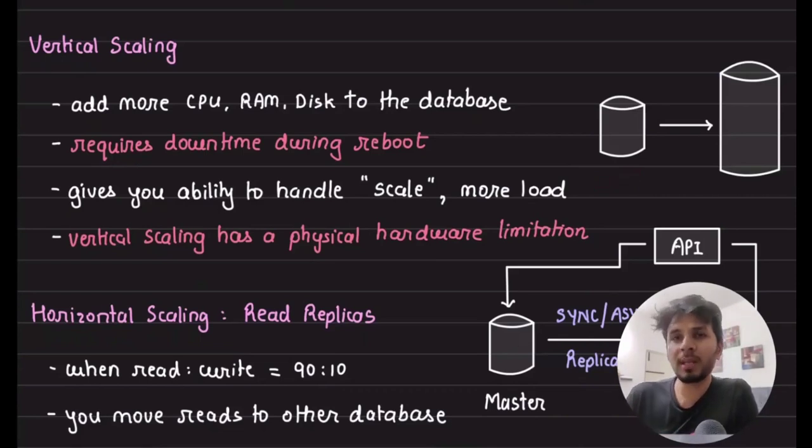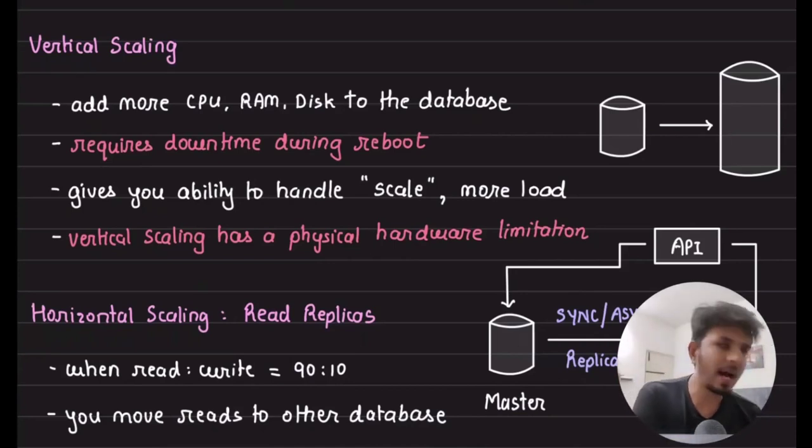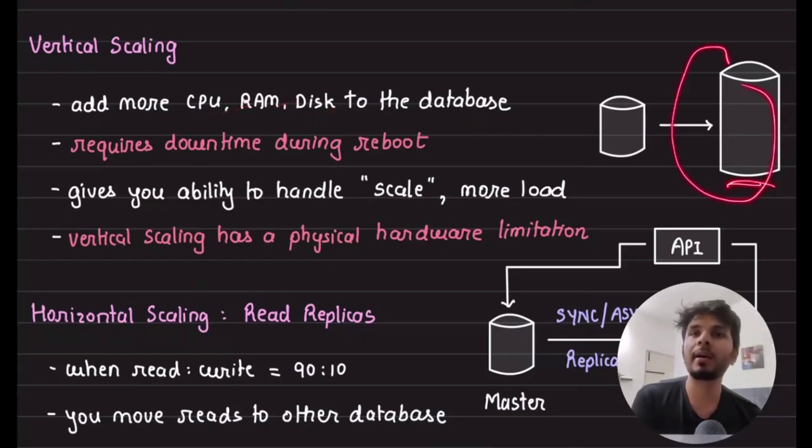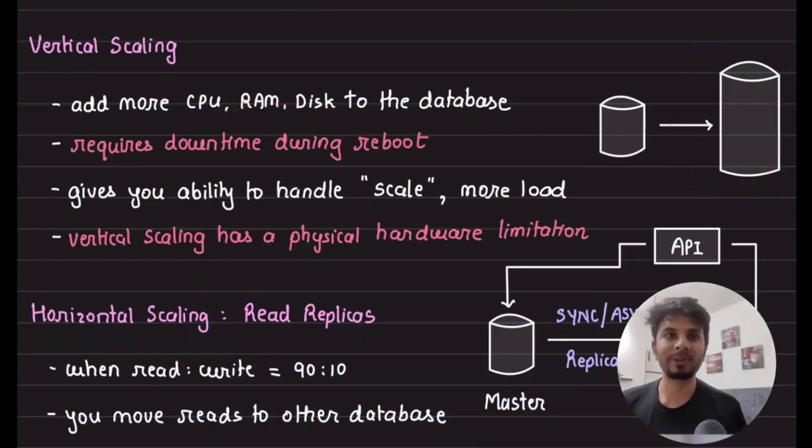But when you see progress, when you see a huge amount of load coming in, that 4 GB RAM does not seem enough. So for you to be able to handle a huge amount of load, you would have to pour more resources into that database. Which means that you add more CPU, more RAM, more disk to the database and make it big enough to handle the load, right?